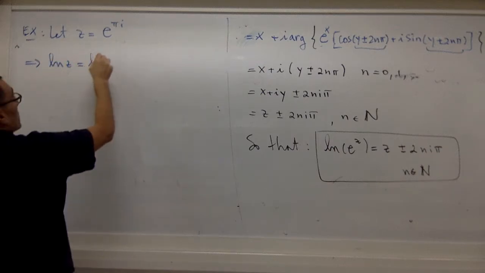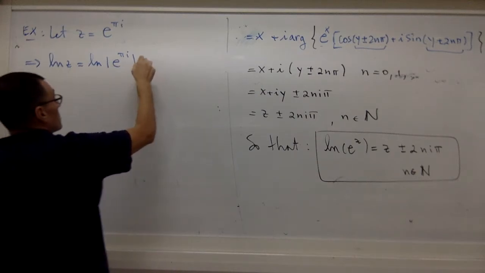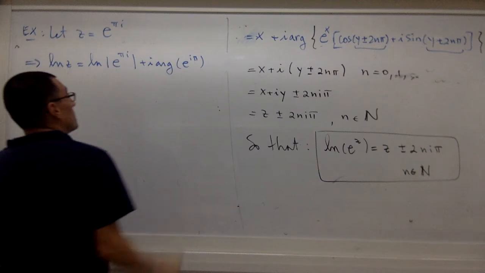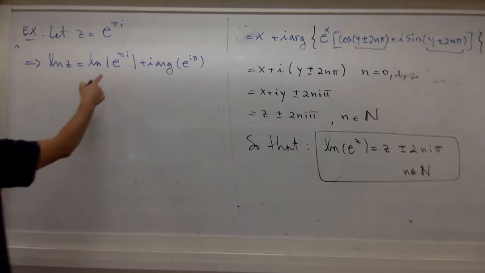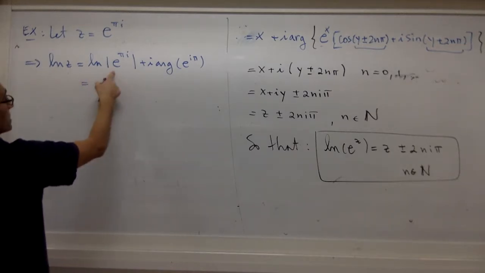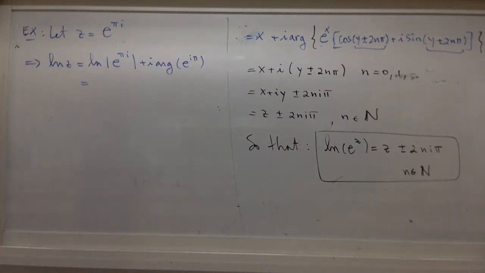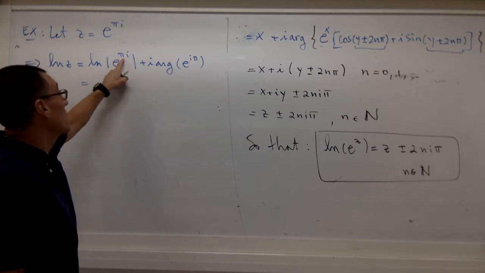This is the logarithm of the absolute value of this z, the modulus, plus I times the argument of exponential of pi I. Now this one's simple. The exponential of pi I, remember, is a pure imaginary exponent.